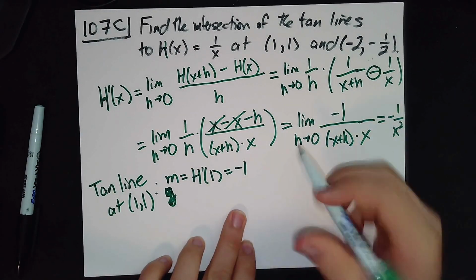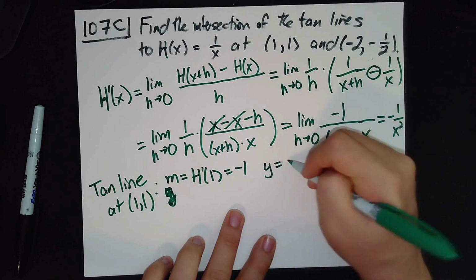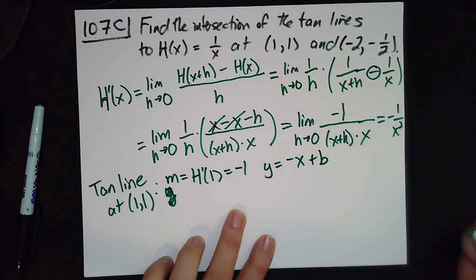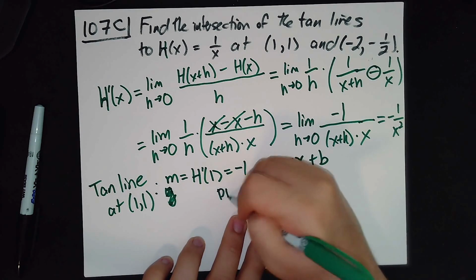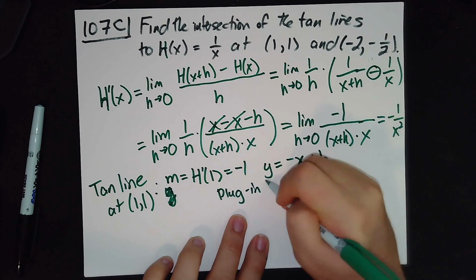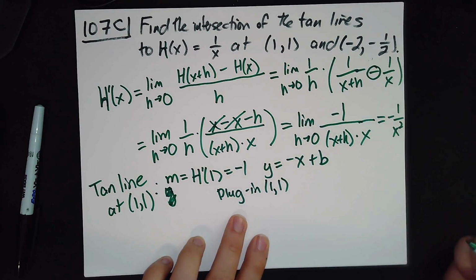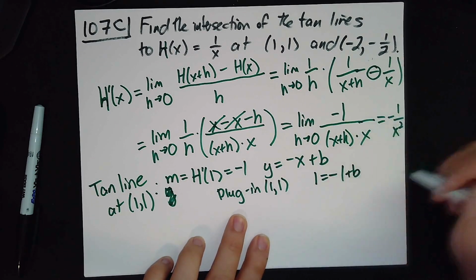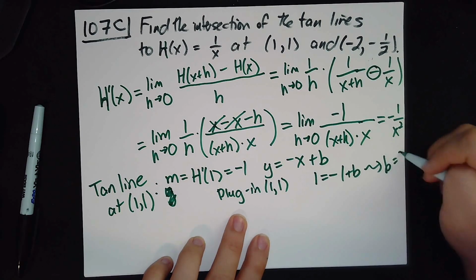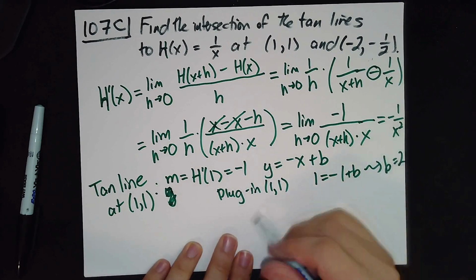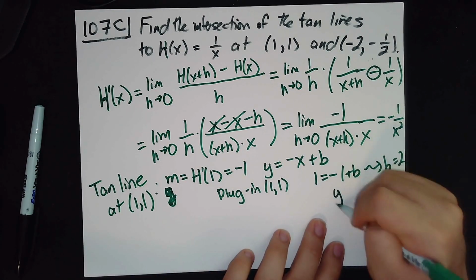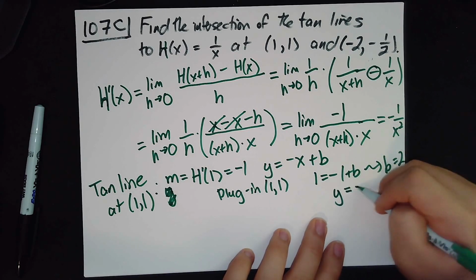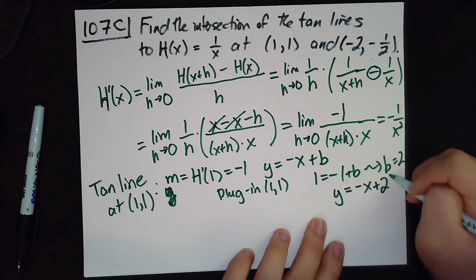So our tangent line here has the flavor y equals minus x plus b, and we can plug in (1, 1) to figure out what is going on here. So that will give me 1 is equal to minus 1 plus b. So that tells me that b is 2. So if I want to write down the final answer, y equals minus x plus 2. That's my tangent line.